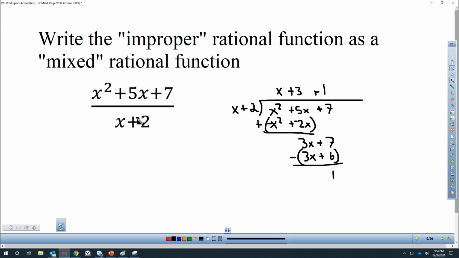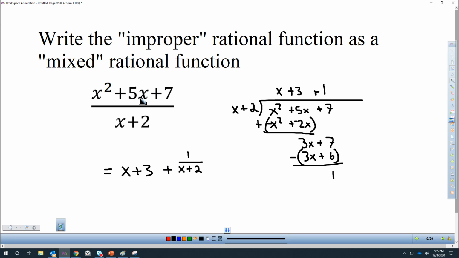So this rational function here is going to equal x plus 3, coming from my answer to my division problem, plus a remainder of 1 out of x plus 2. x plus 2 because that's what I'm dividing by, 1 because that's the remainder I got when I did my division, and x plus 3 because that's my quotient from my division problem.